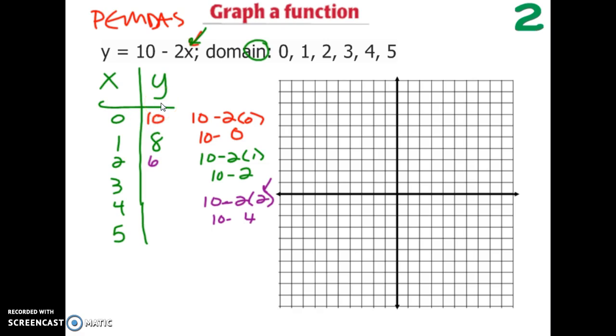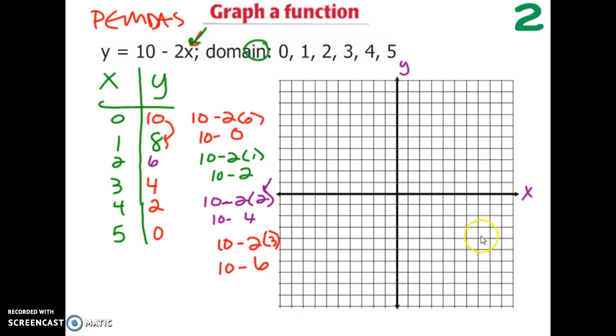So it should be a 10. If I plug in a 3 now, 10 minus 2 times 3, well, 2 times 3 is 6. So 10 minus 6 is 4. Again, we see the pattern. 10, 8, 6, 4. We're going down by 2, so next we should have 2 and then 0.